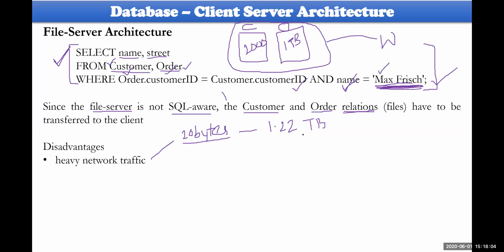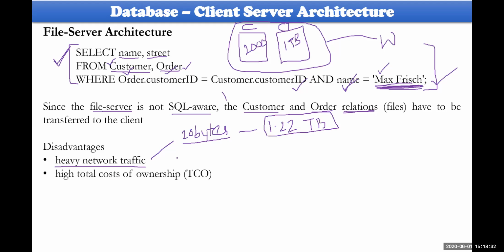Transferring this 1.22 terabytes of data will take a huge amount of time, and it will use the complete bandwidth. So heavy network traffic will be there while transferring the data from the file server to the workstation. This is the first disadvantage you have to remember.